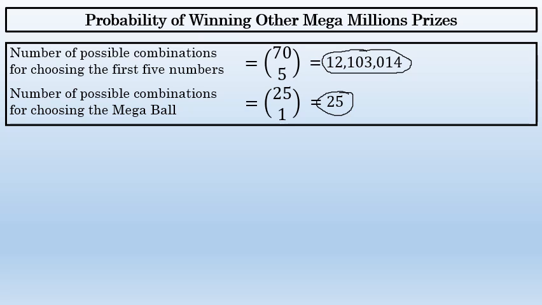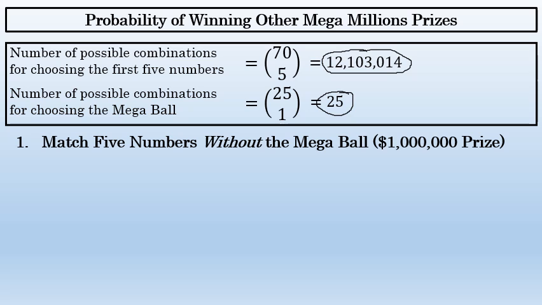Now, if you don't win the jackpot in the Mega Millions drawing, the next highest prize is awarded for matching the first 5 numbers without the mega ball. This will win you $1 million. To find the probability of winning this prize, it is fairly easy based on the work that we already did.